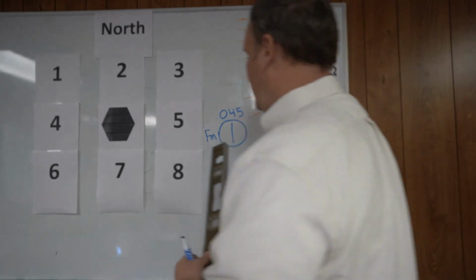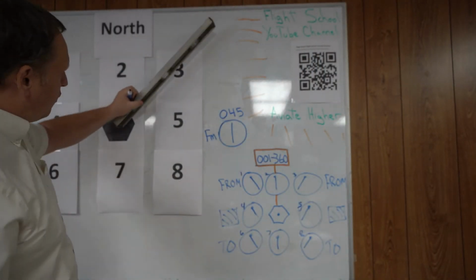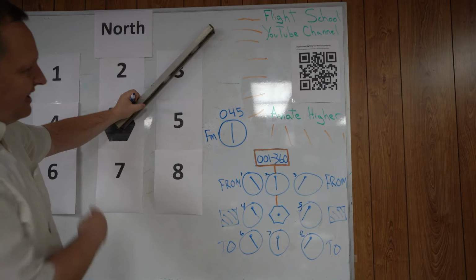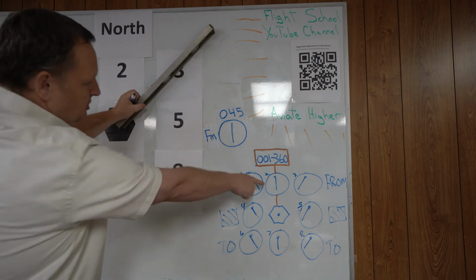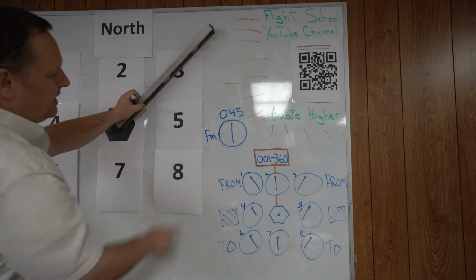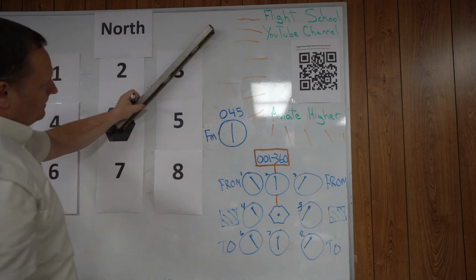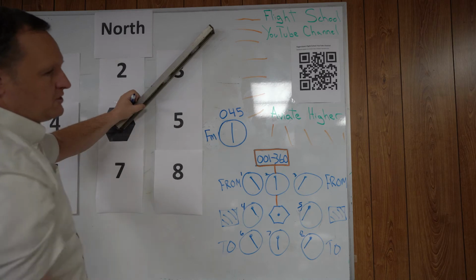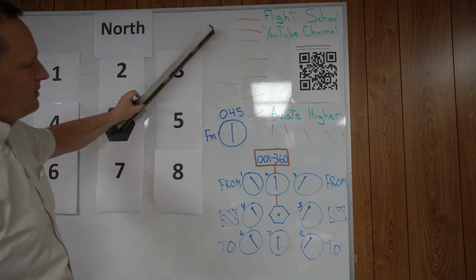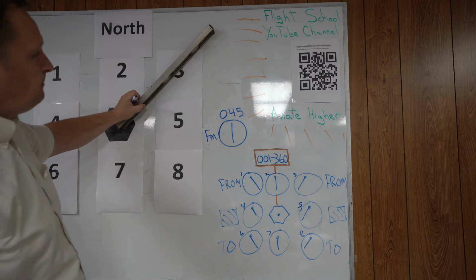So, if I take my handy dandy radial marker, and I know it's going to be number 2, it's going to be right where the radial is, 045 from center needle, north up, is going to put me in quadrant 3, northeast of the Navaid.